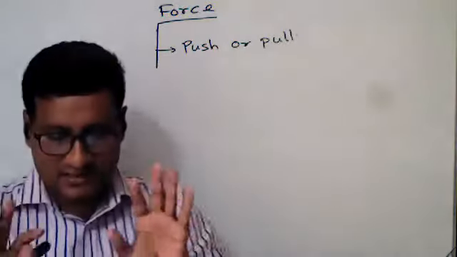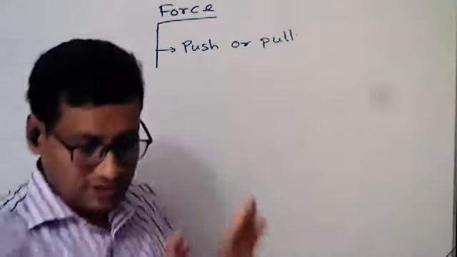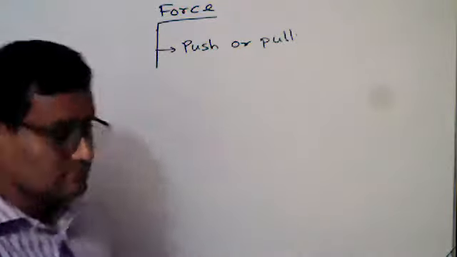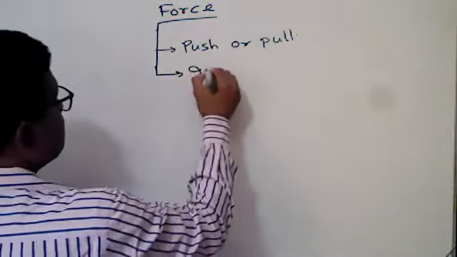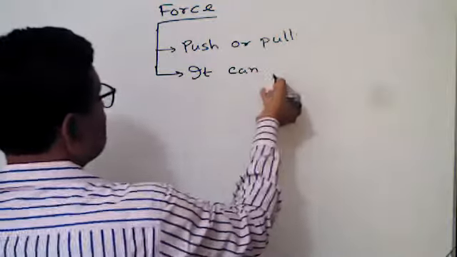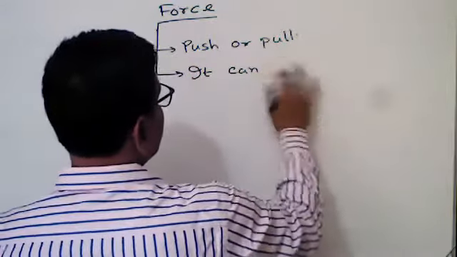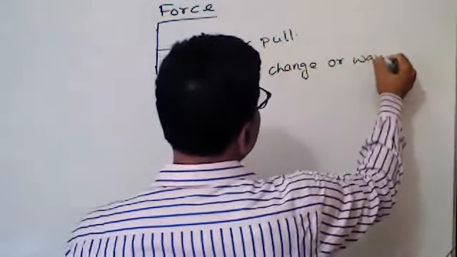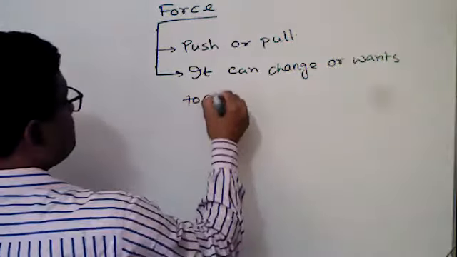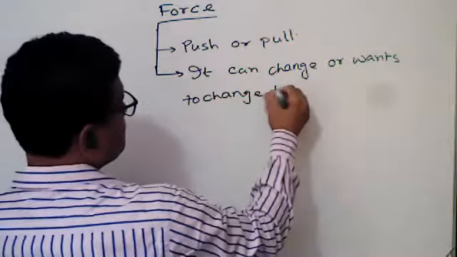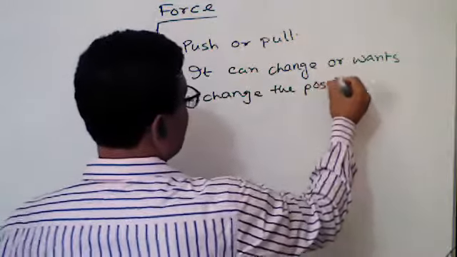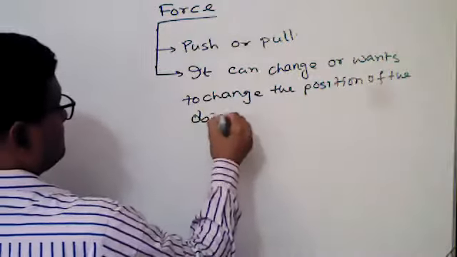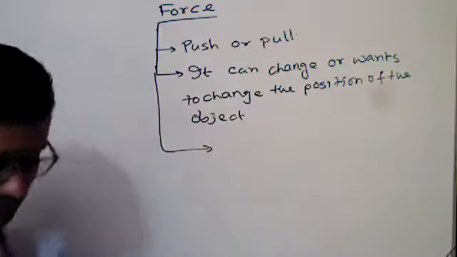If force is applied, this is the push, and this is the pull. The push or pull is a force. It can change or wants to change the position of the object.